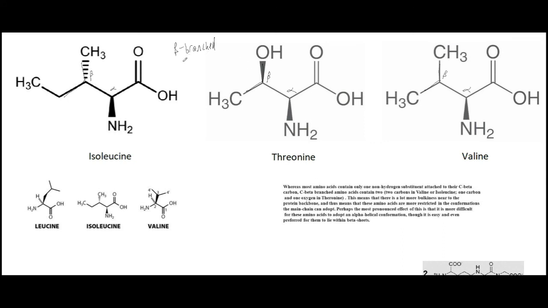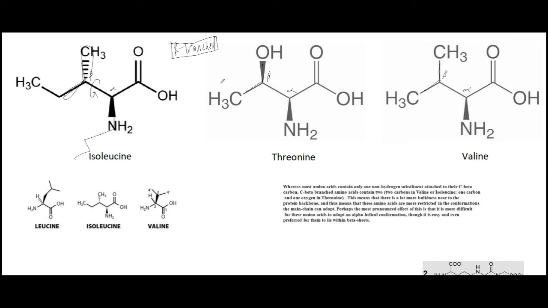And so these beta-branched amino acids are constrained in how much you can rotate around this bond here, this alpha to beta bond, and that's because when the amino acid is incorporated into a protein, then because these large bulky groups are very close to what will be the backbone of your protein, there can be more steric interference, more clashing going on with it.